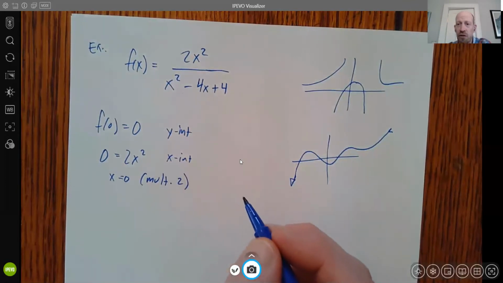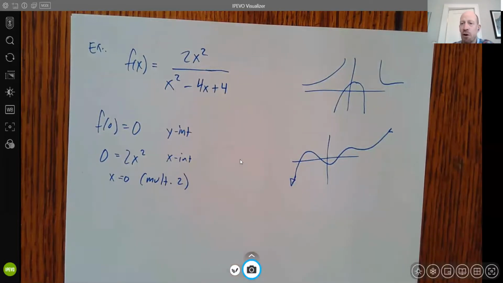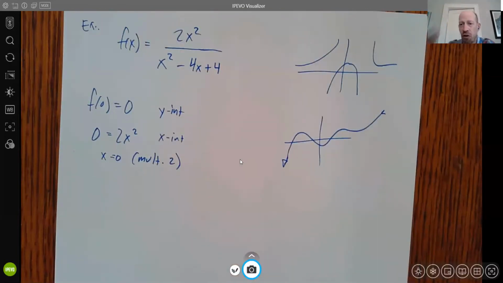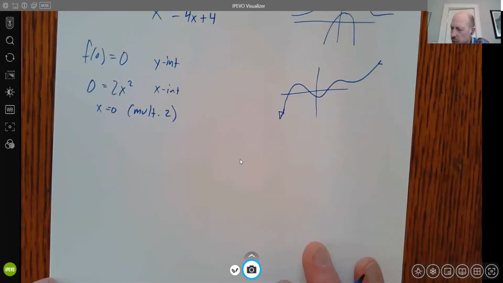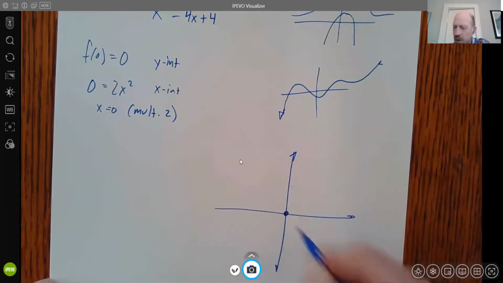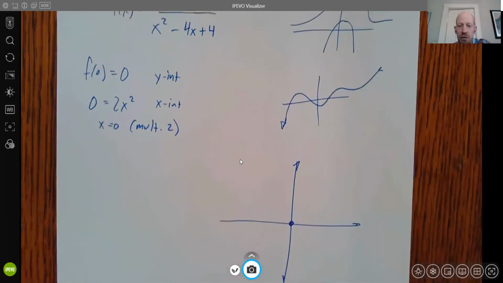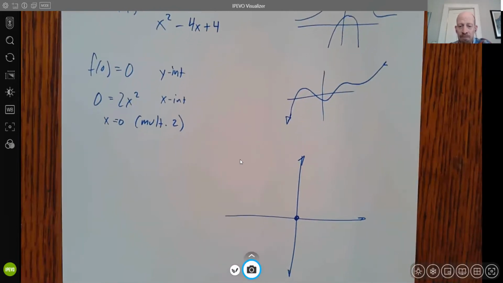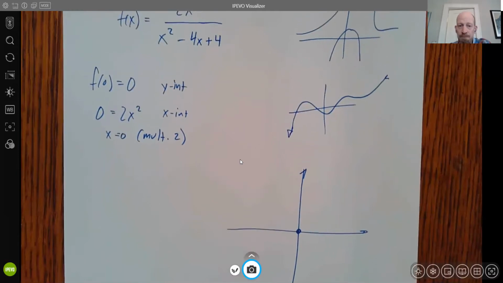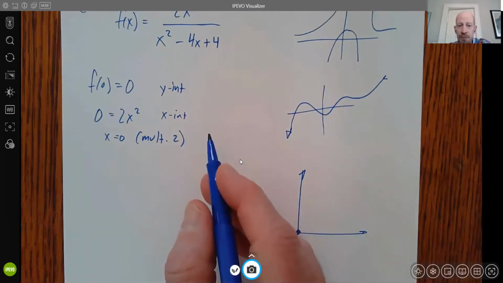So that's a clue. You know what's happening at that x-intercept: rather than crossing through, it's going to touch it. I don't know if it's coming from the top or the bottom, but it's going to touch it because it has multiplicity 2. And it's often useful to go ahead and start to put that information onto the graph. Not that much information so far, but a little bit. So there are the intercepts.